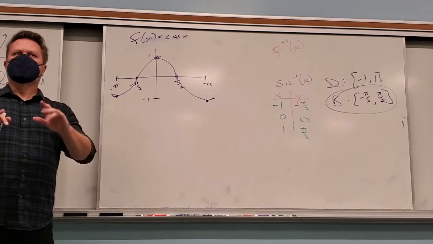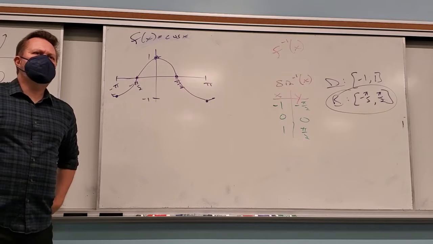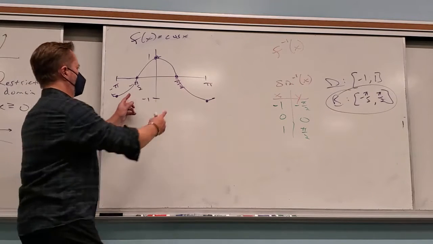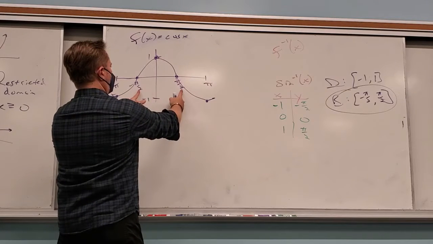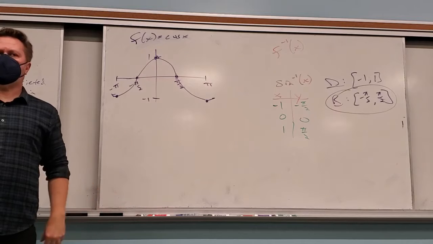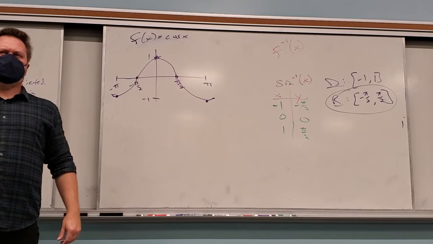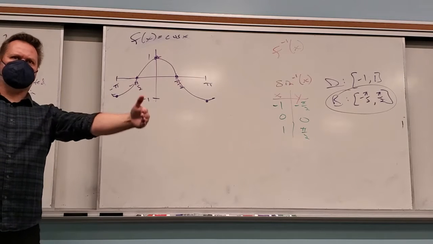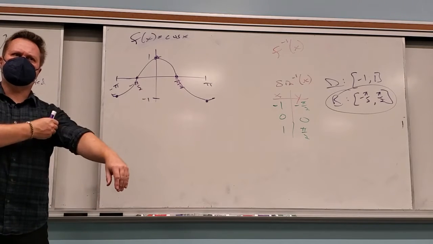Do I want to use the same domain we used for sine? Will that work? No, that doesn't work. So does anyone have a suggestion on where to start and where to stop so this passes the horizontal line test?